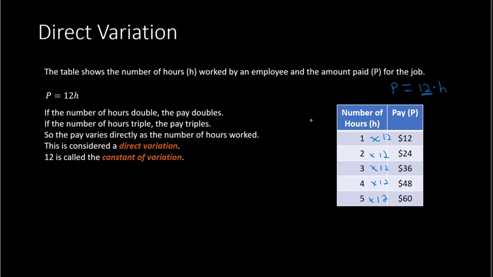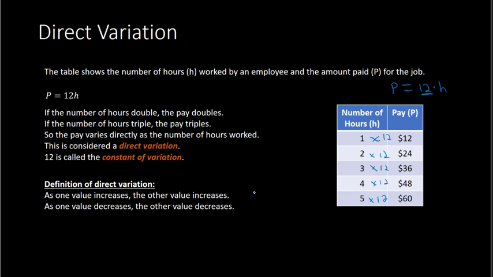So here is a definition of direct variation. By definition, direct variation says that as one value increases, the other value also increases. Or as one value decreases, the other value also decreases. So once again, in this example, as the hours increased, so did the amount of pay.